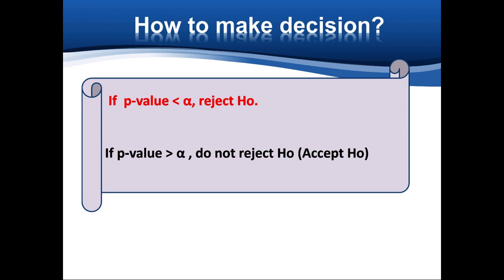How can we make a decision? If the p-value is smaller than alpha, where alpha is always given, then reject H0. If the p-value is bigger than alpha, then do not reject H0, or accept H0.